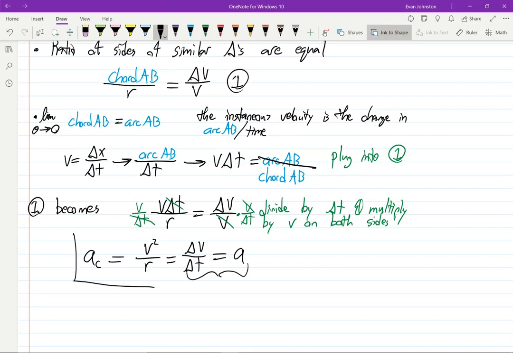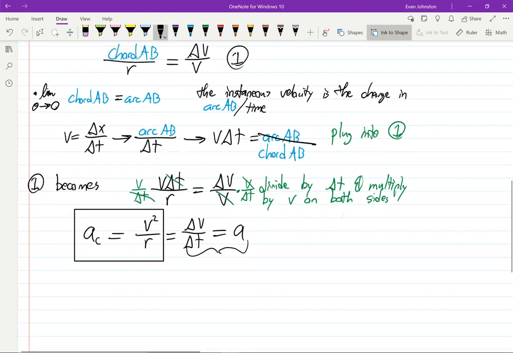And so maybe you're wondering already, I thought the ball wasn't speeding up or slowing down though. So how can it be accelerating? Well, it's changing direction. And if the direction is changing, well, the velocity is changing. And that is by definition an acceleration.